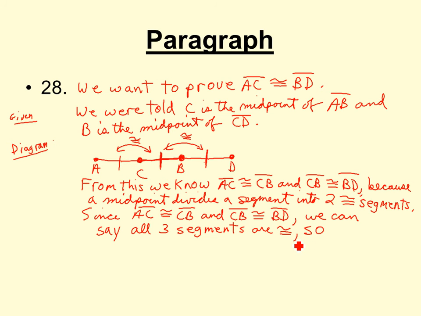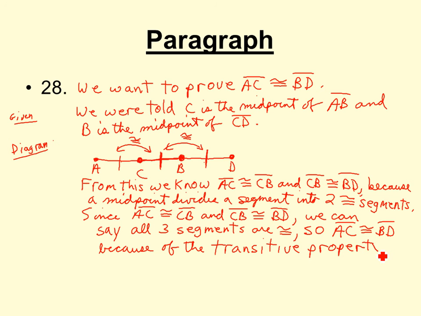So what we're trying to prove was segment AC is congruent to segment BD. So segment AC is congruent to segment BD because, and this is a property you learned last year, of the transitive property.